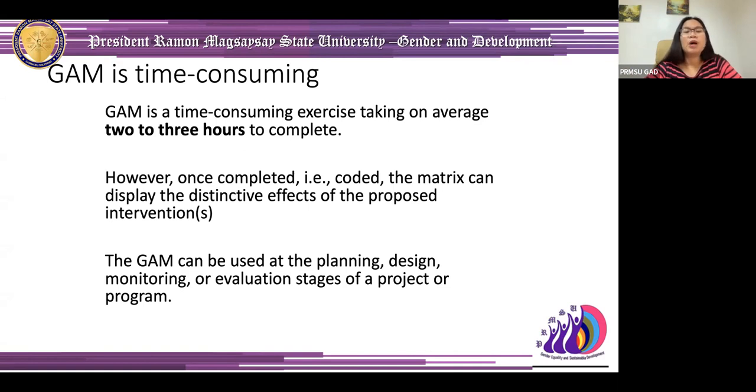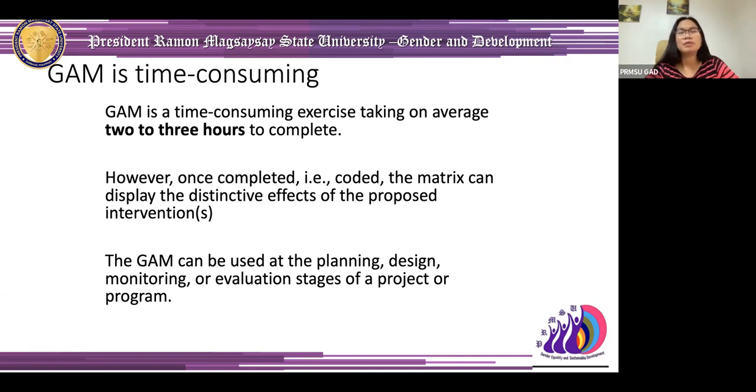Okay? So, however, once completed and it's coded, the matrix can display distinctive effects of the proposed intervention. So, I think this could be a good attachment, yung mga sinulat ng ating mga community partners, so that makikita talaga yung evidence na sila yung nag-evaluate ng program. Okay?